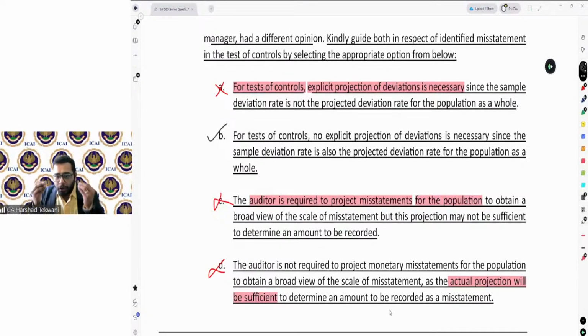For test of control, no explicit projection of deviation is necessary, since the sample deviation rate itself is the projected deviation for the population. So whatever I get, I'll compare it with my expected rate of deviation. That's a tolerable limit.